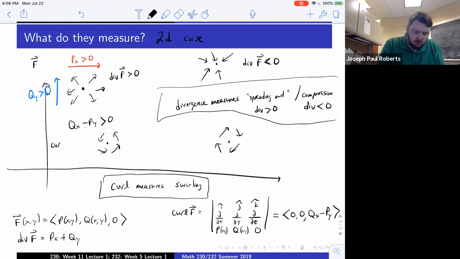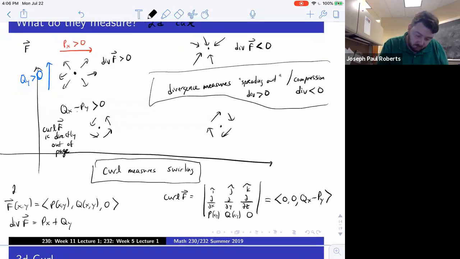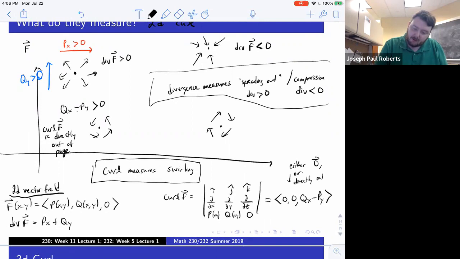And so curl F is a vector, directly out of the page, right? Because by the right-hand rule, the z-axis is coming out of the page. So you could say that for a 2D vector field that exists in the page, curl F is either the zero vector or directly out or into the page. And so counterclockwise swirl corresponds to directly out.